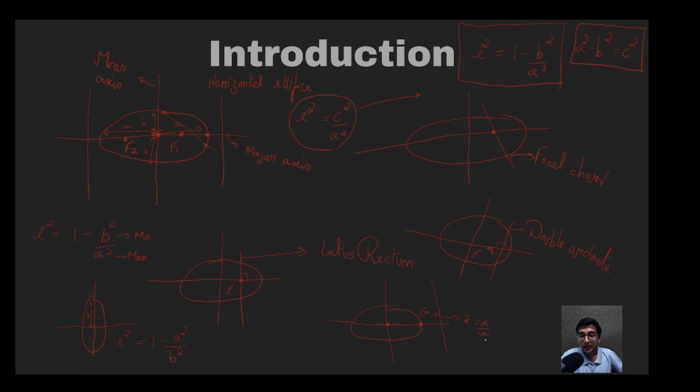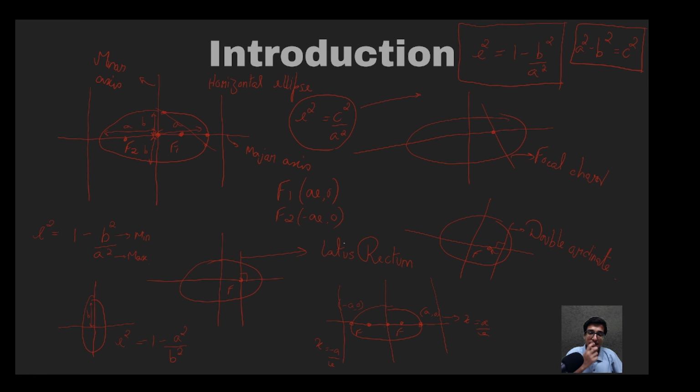That means if I am writing A by E, then it is a value which is greater than A. And here x would be minus A by E. This one would be (minus A, 0). And the coordinates of the focuses are F1 written as (AE, 0), and F2 written as (minus AE, 0).